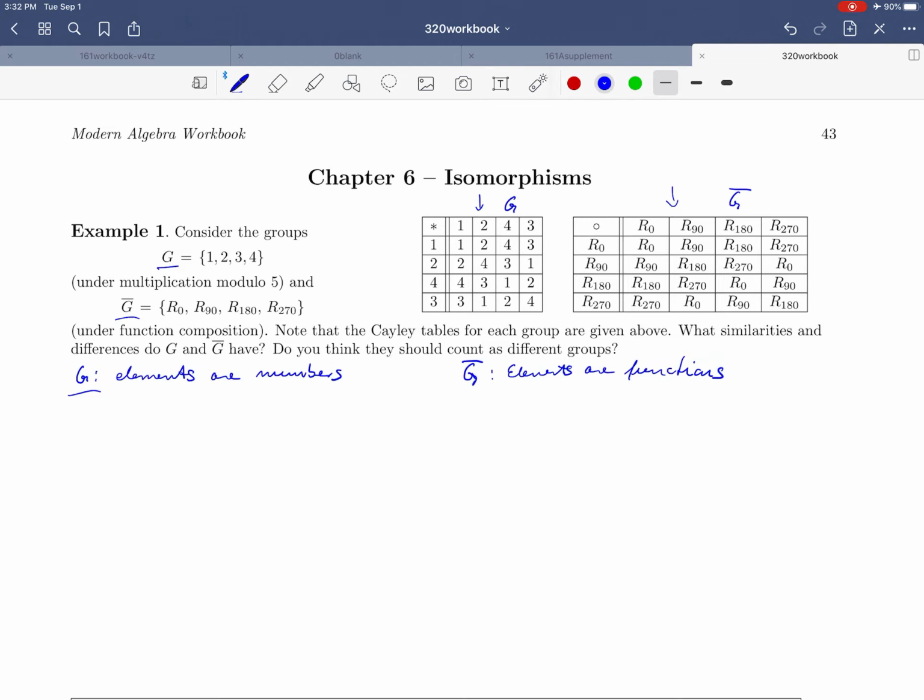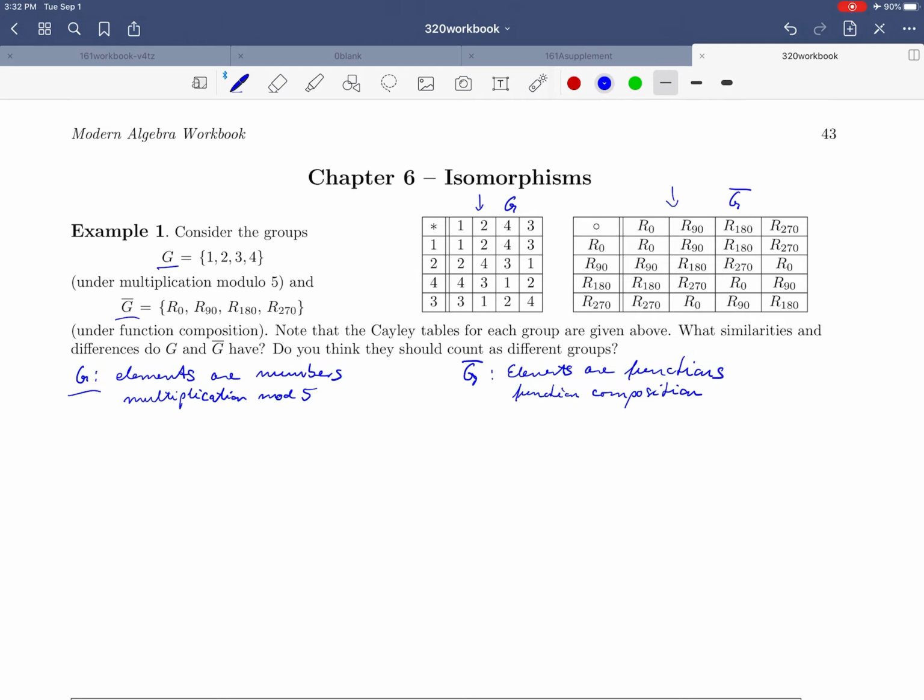The group action is different. For G, we have multiplication mod 5. And for G bar, the group action is function composition. But this is where the differences end.